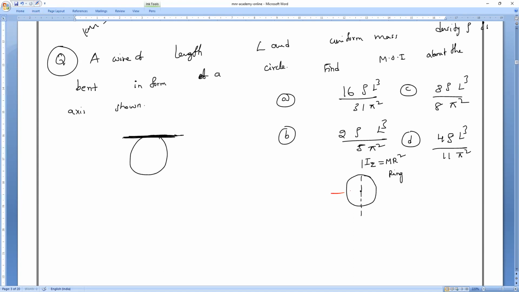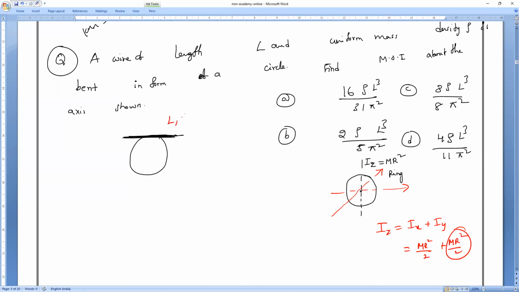So if it is through the x-axis or y-axis, how much is it? The z-axis moment of inertia equals the moment of inertia in x plus the moment of inertia in y. Yesterday only we solved this. The moment of inertia about the x-axis is M R squared by 2, and about the y-axis also M R squared by 2. That is very important, everybody.